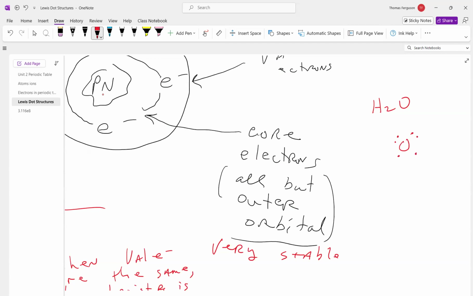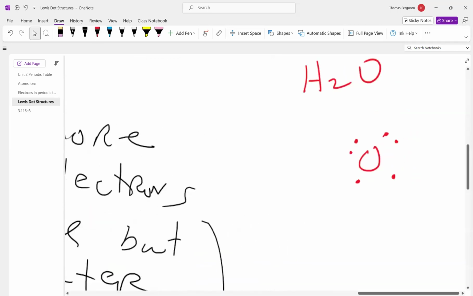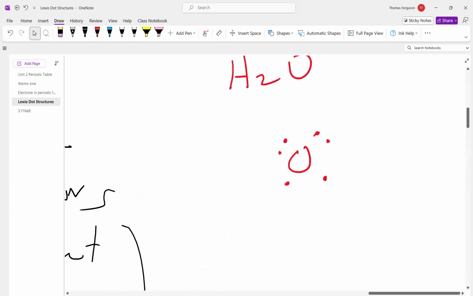Okay, if we count over from left to right, oxygen's got 6 valence electrons. But look at the way it's set up. 4 of them are paired up. And we have 2 of them that are singletons.